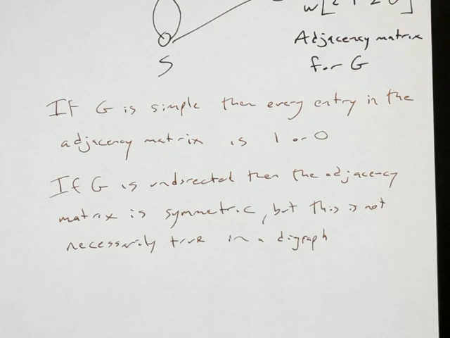So yes, only if the digraph itself is symmetric. Every time I have a V to U, I have a U to V. Otherwise, my digraph could be all over the place.